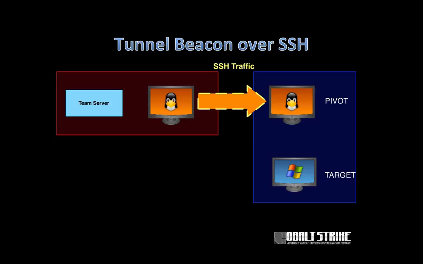Okay, let's talk about tunneling beacon over SSH. Here's the scenario. I have a system in red space that can talk to a Linux system in blue space, okay? That Linux system can reach a target I want access to. Now, presumably, I have the information I need to attack that target.